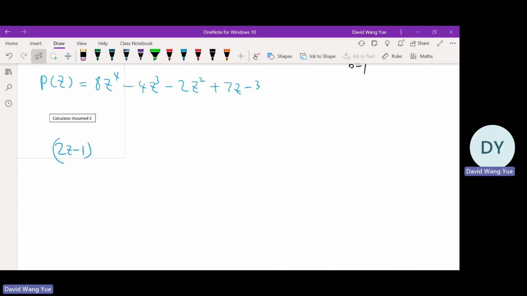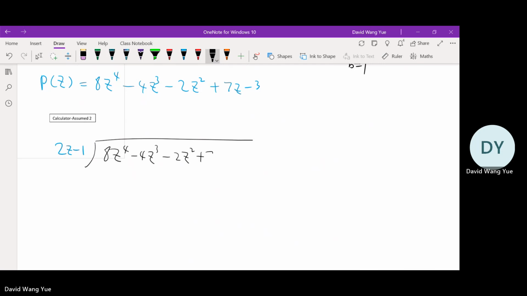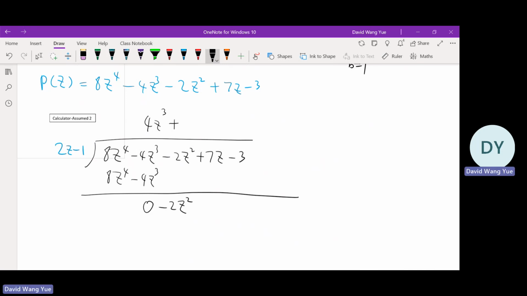If that's the case, okay, so we just do the long division. 0 divided by 2z, okay, it's a 0.